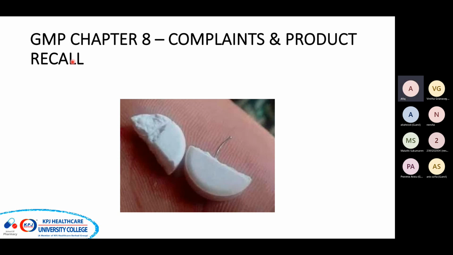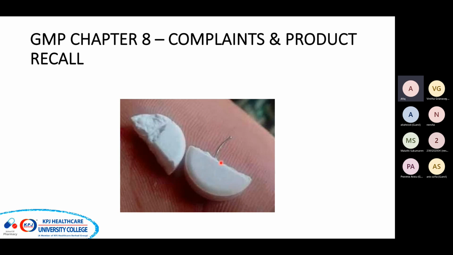All right, next on to chapter 8, which is complaints and product recall. So you see here in the picture, there is a tablet that is already cut in half, but in one half of the tablet, you see there is sort of like a metal wire inside.